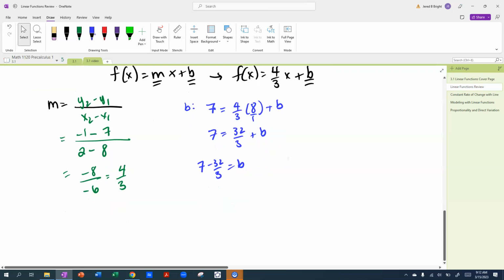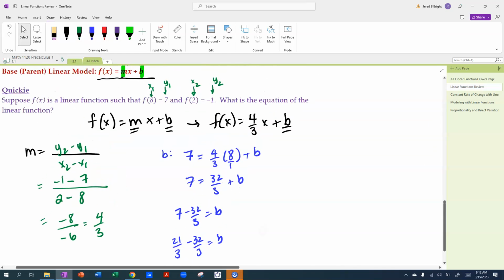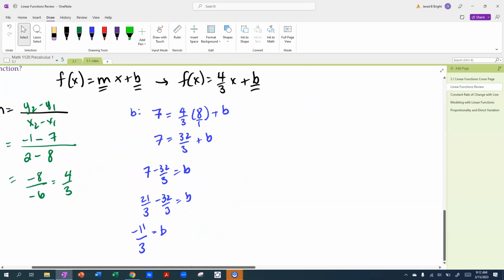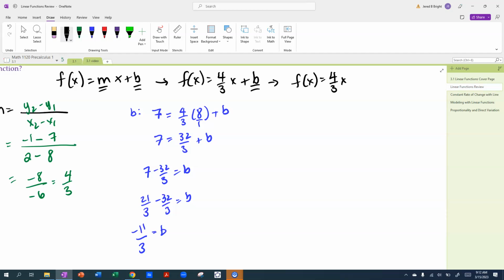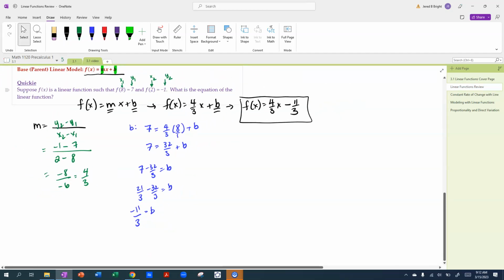With common denominators, that is 21 over 3 minus 32 over 3 equals b, and I believe b is going to be -11 over 3. So my final answer is f of x is equal to 4/3 x minus 11 over 3. And that would be my linear model that satisfies those conditions.